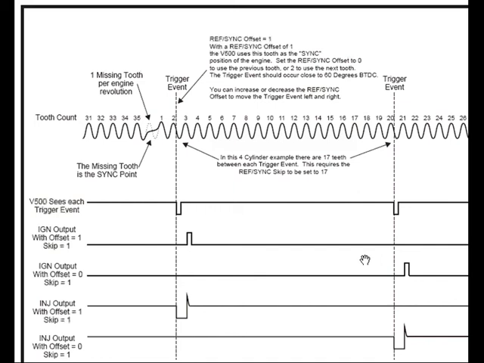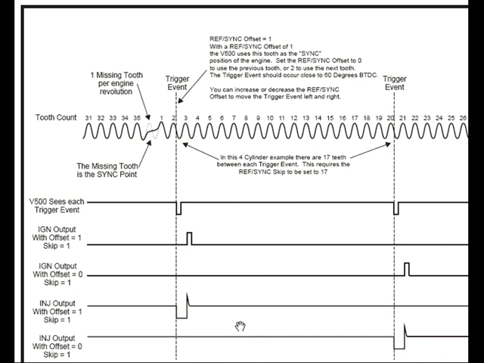The reason for that is the combination of the missing tooth and a triggering event reset the ECU counter. This means that the next triggering event is the 0 point. So where you have an ignition output, such as this one, and you have the ignition offset set to 0, this will output a pulse directly after the trigger event that follows both a sync missing tooth event and a trigger event.